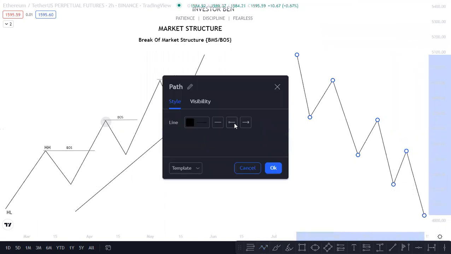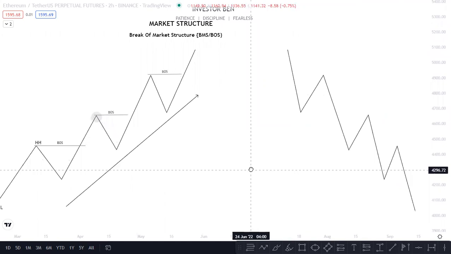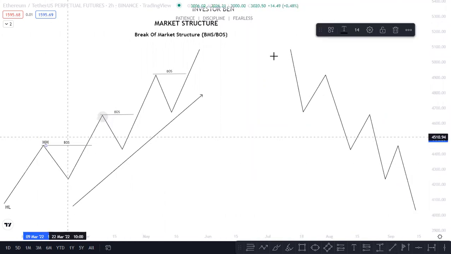So lower highs and lower lows, and then your BOS occurs at their lower low, right? Remember, okay, let me mark this thing.